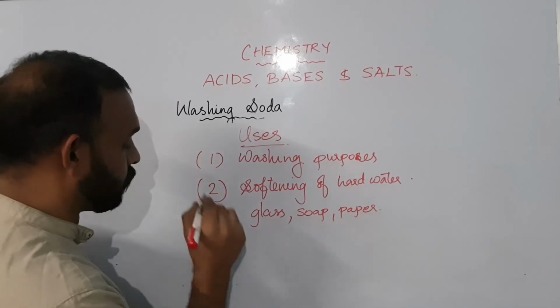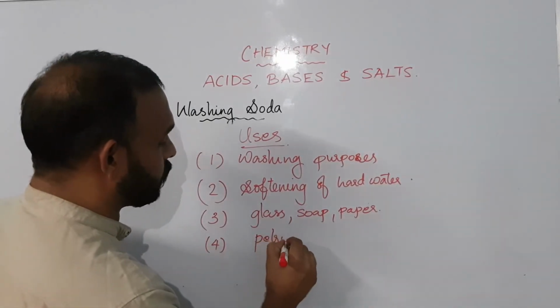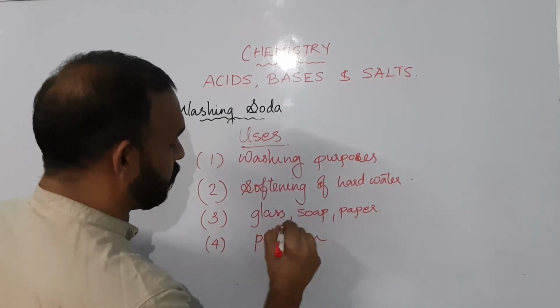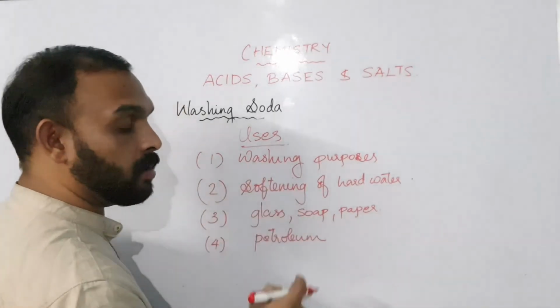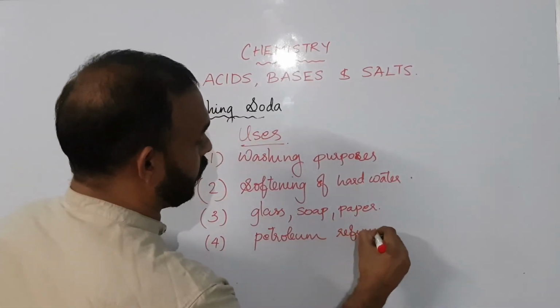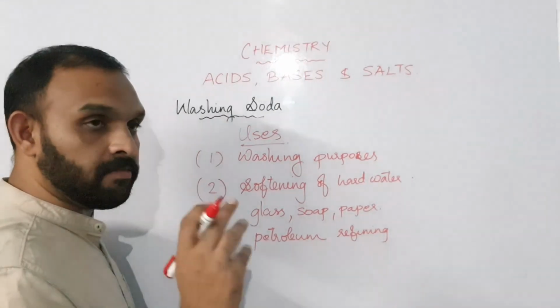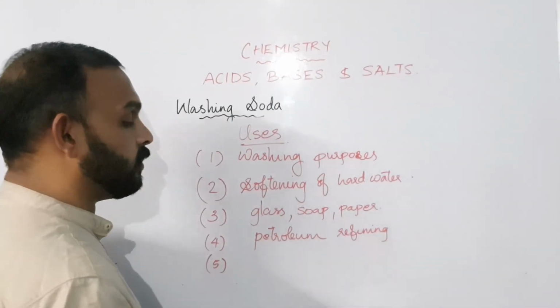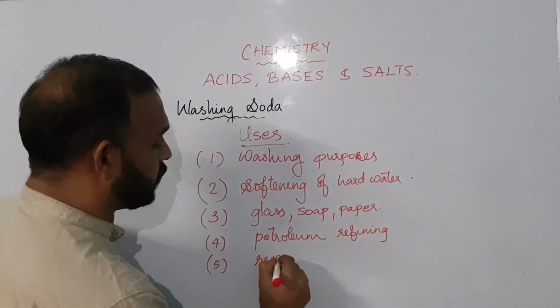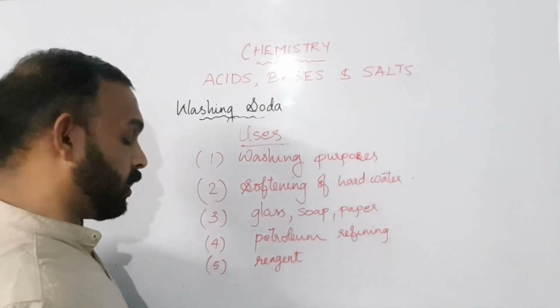Another use of washing soda is that it is used in petroleum refining. We have already seen in the case of the previous one, that is sodium hydroxide, it is also used in petroleum refining. And another important use of washing soda is that it is used as a chemical reagent in our laboratory.